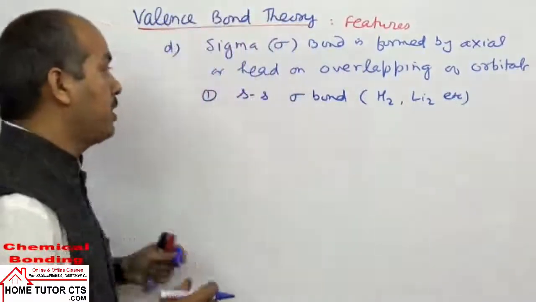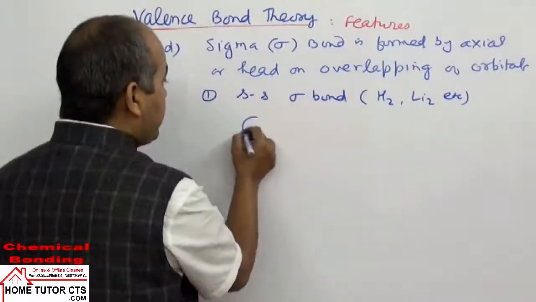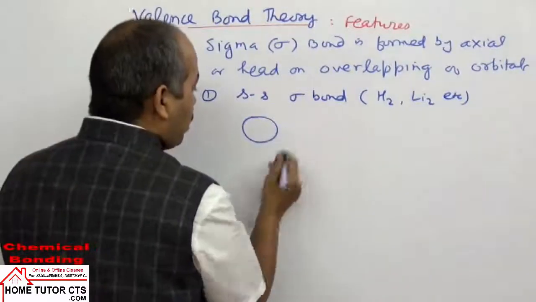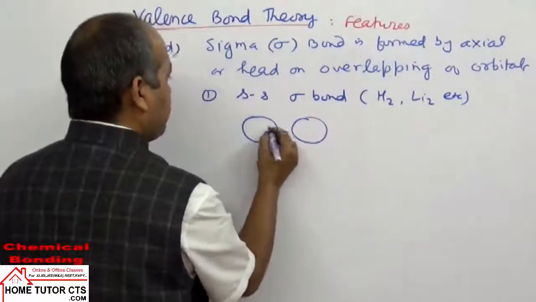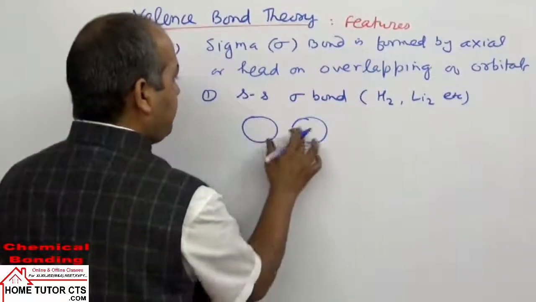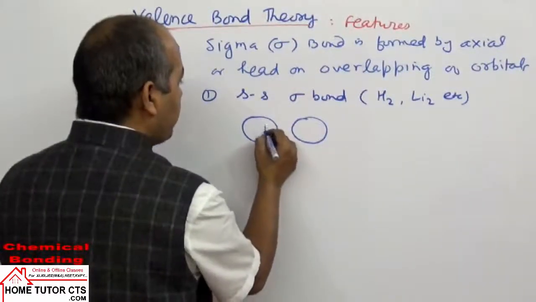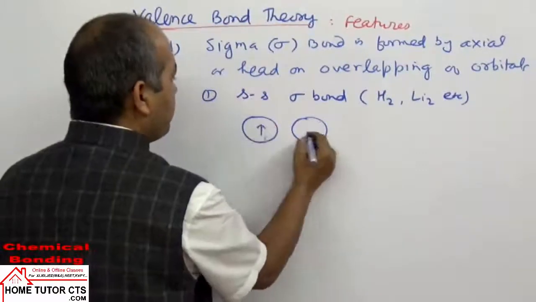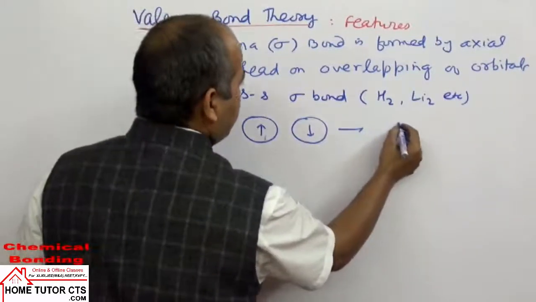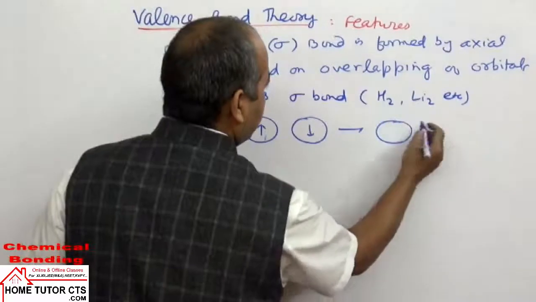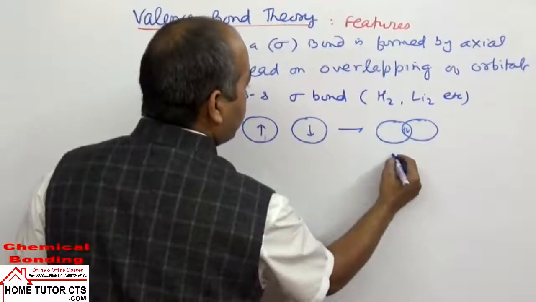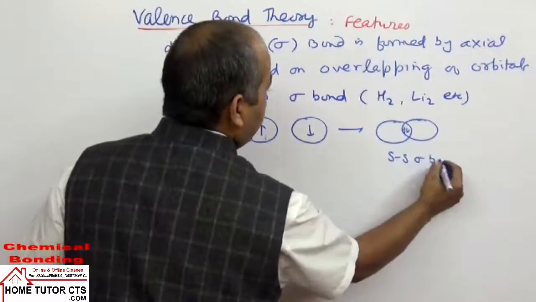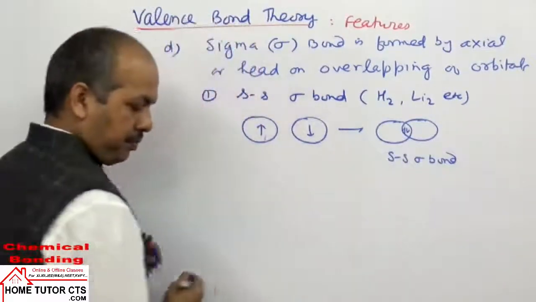When the overlapping is occurring between two orbitals that each contain electrons in s orbitals, it is called the S sigma bond.